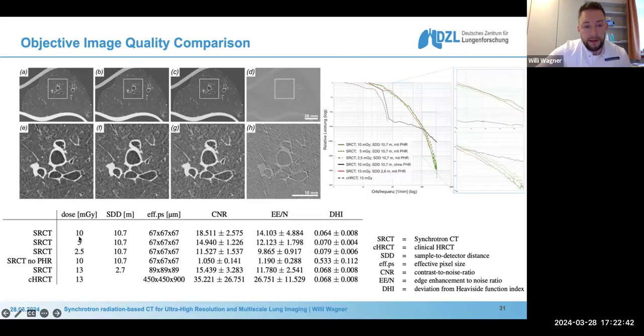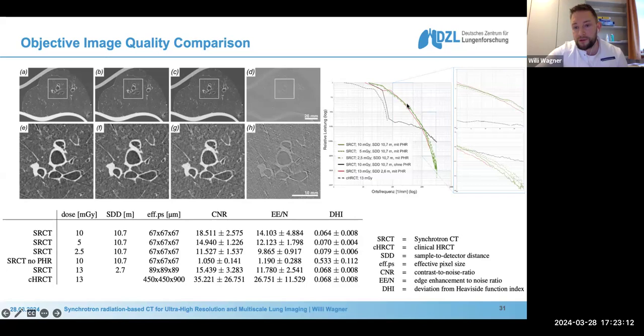We found out that by increasing the sample to detector distance, we reach higher objective image quality, and that the image quality is still quite good when we decrease radiation exposure, in this case, the number of projections used for the reconstruction of the image.